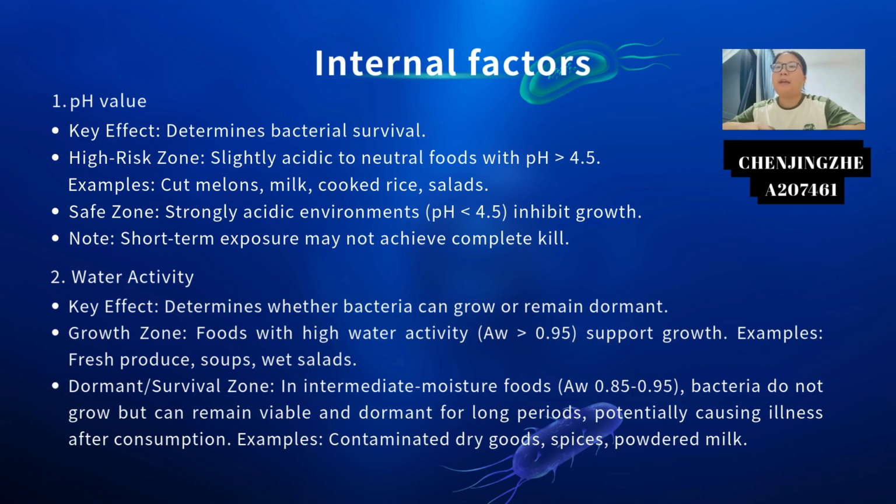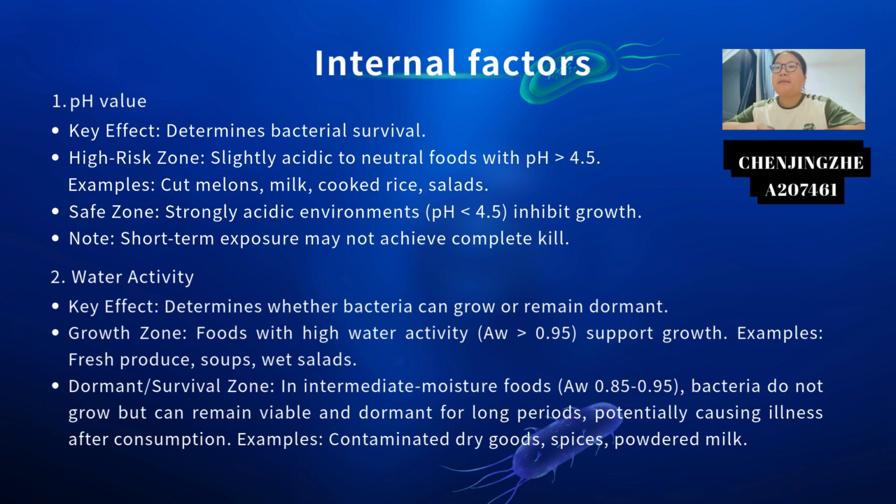The first one is pH. Bacteria generally prefer neutral conditions, but Shigella sonnei has a critical survival skill, acid tolerance. This lets it survive stomach acid to infect the gut.